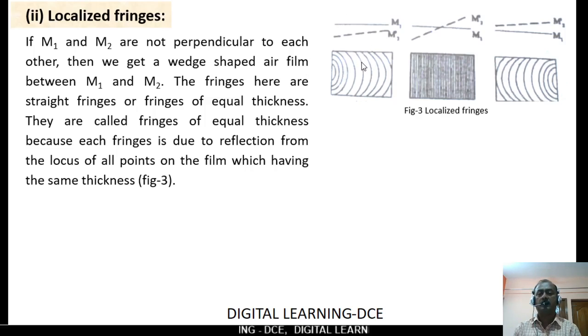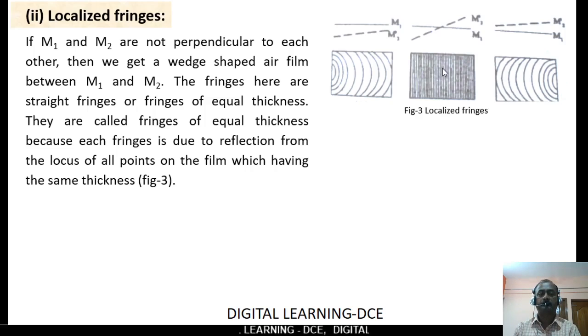The fringes are straight fringes or fringes of equal thickness. They are called fringes of equal thickness because each fringe is due to reflection from the locus of all points on the film having the same thickness.